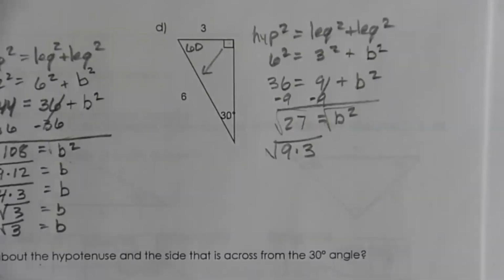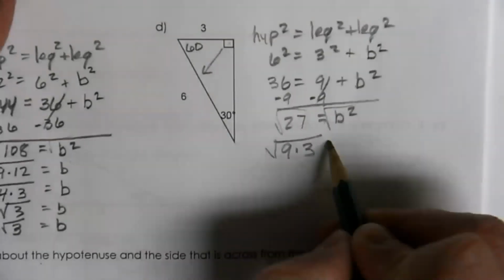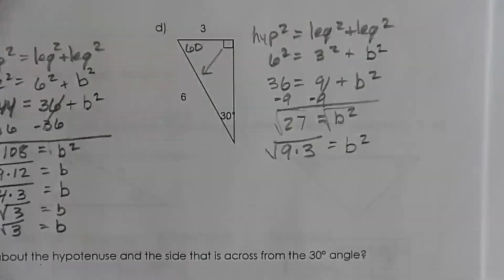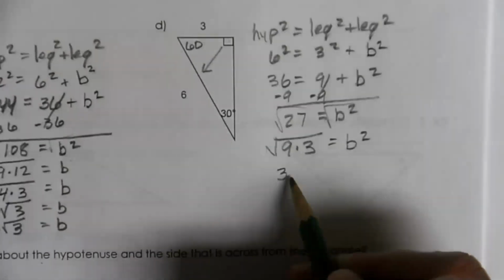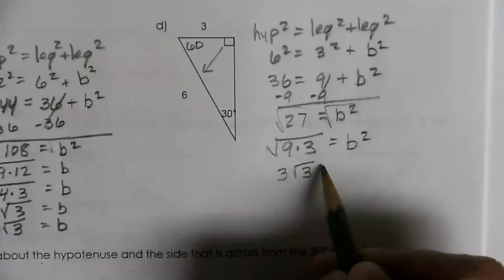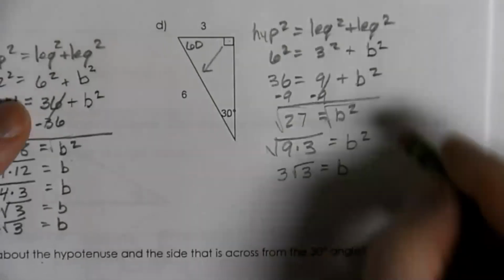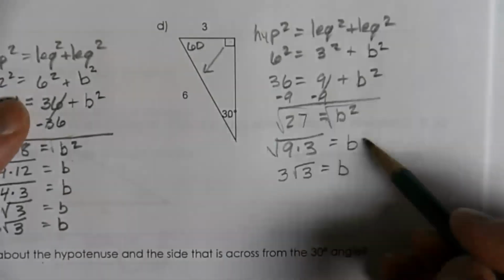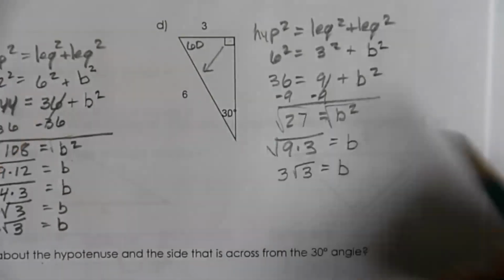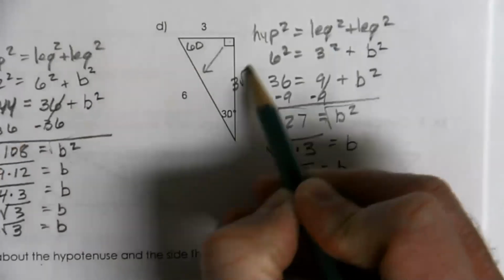That would be the most popular, the only other factor pair besides 1 and 27. What's nice about 9 and 3 is that we know the square root of 9. So we've got 3 root 3. Well, when we take the square root of both sides, you no longer have that square on that B. So our missing side is 3 root 3.